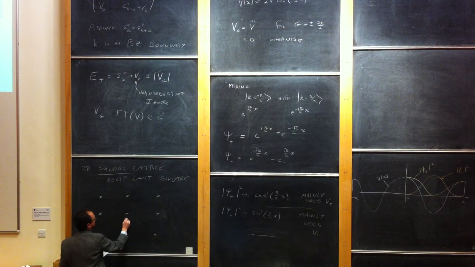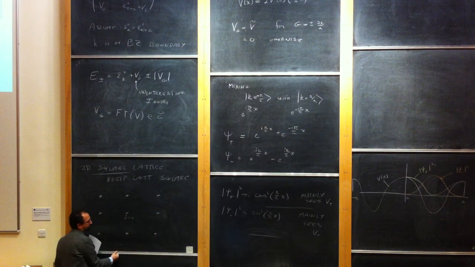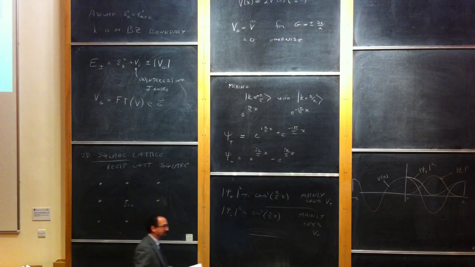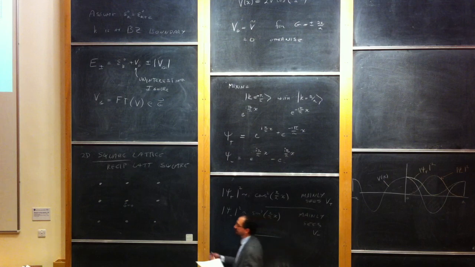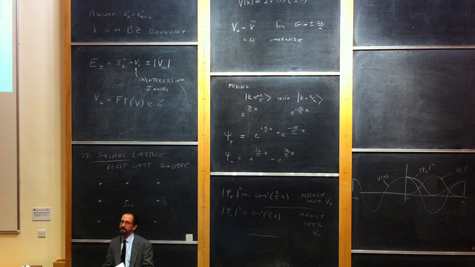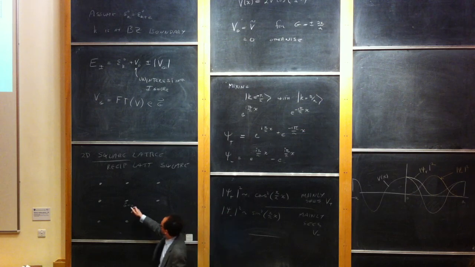Okay, the point in the center is the reciprocal lattice point 0. Before we add the periodic potential, in this nearly free electron picture, we have a nice parabolic dispersion, the free electron parabolic dispersion, h bar squared k squared over 2m, centered around this G equals 0 point.